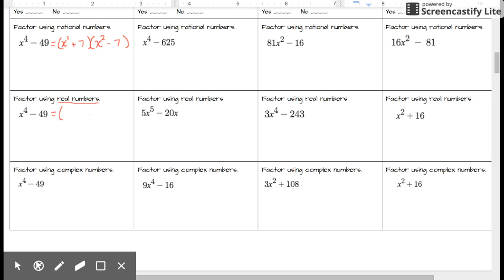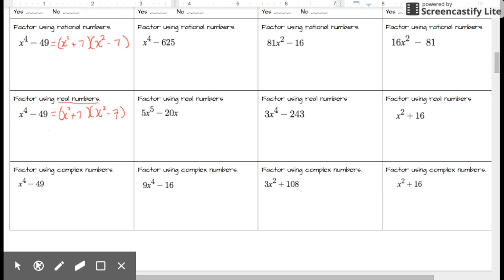So when we factor, we're going to start off with x squared plus 7 and x squared minus 7. So that's the same thing as what we have here on the rational factors.